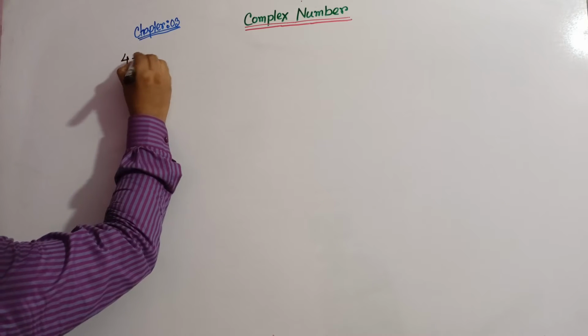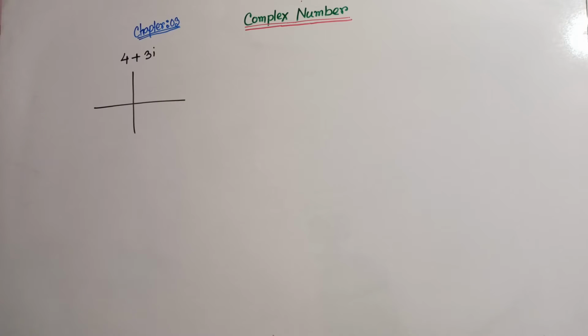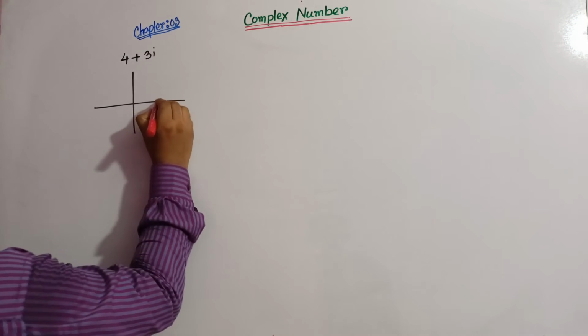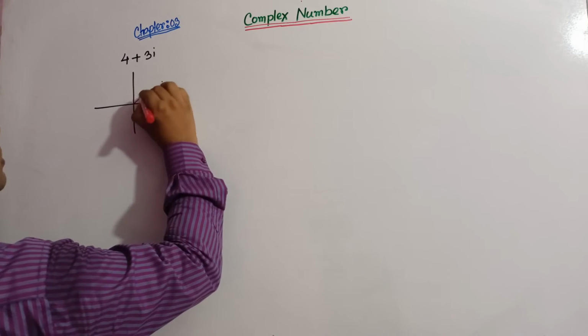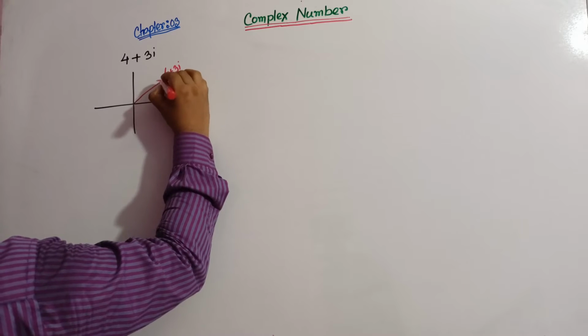Say for example 4 plus 3i, maybe its figure can be 4, 3, so like that it is the 4 plus 3i figure.